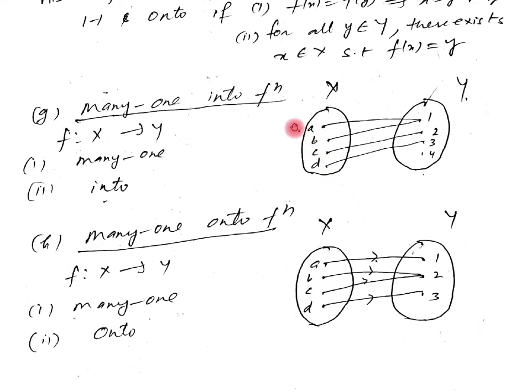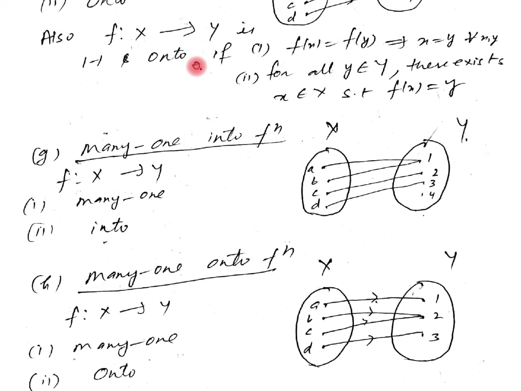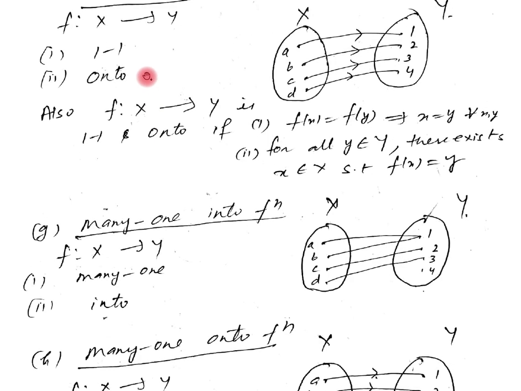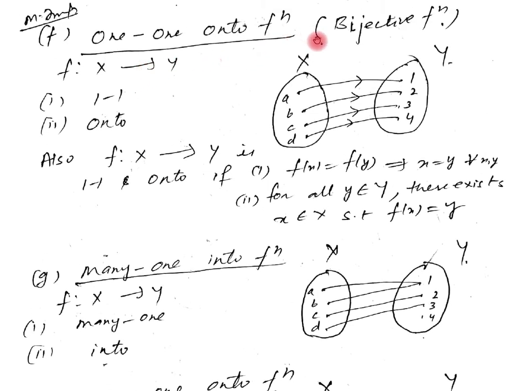Then the most important function, again I am repeating it, is the one-one onto function or the bijective function: when the function is one-one and it is onto. One-one means different elements have different images. Onto function, we know every element of y has at least one pre-image in x. So this is all about today.